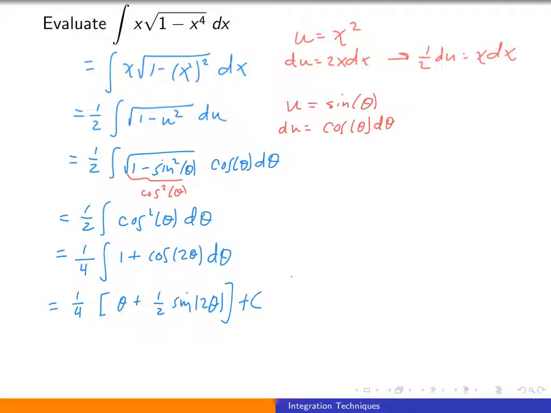And keep in mind that we're going to draw a right triangle here to get from theta back in terms of this variable u. In order to do so conveniently, it's nice to rewrite that sine 2 theta in terms of its double angle formula, 2 sine theta cosine theta. Doing so, this becomes 1/4 theta plus 1/2 times 2 sine theta cosine theta.